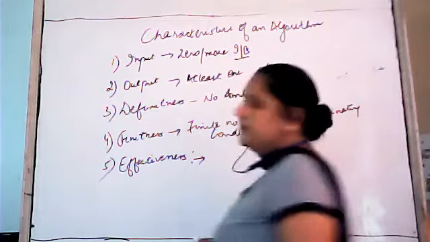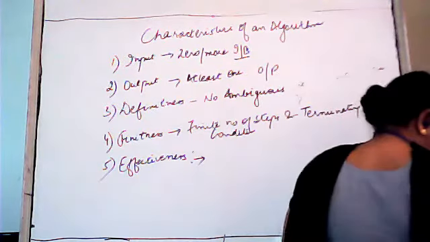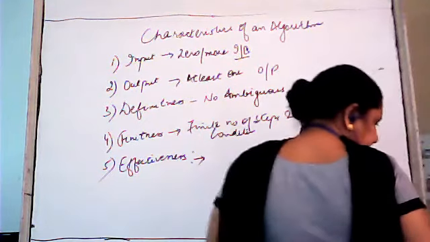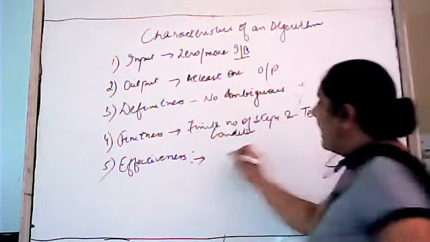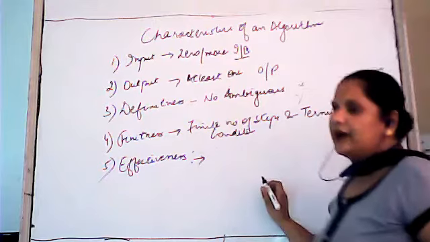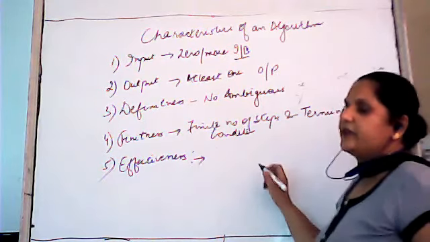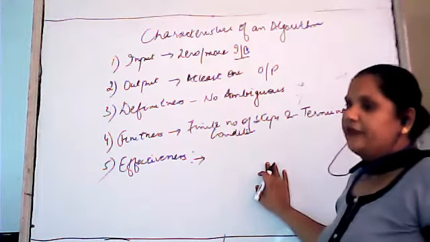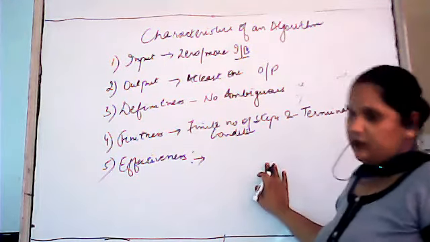Now, effectiveness. Actually, our ideology in design and analysis of algorithms is to find the algorithm which is best or which is efficient in terms of time and space complexity.